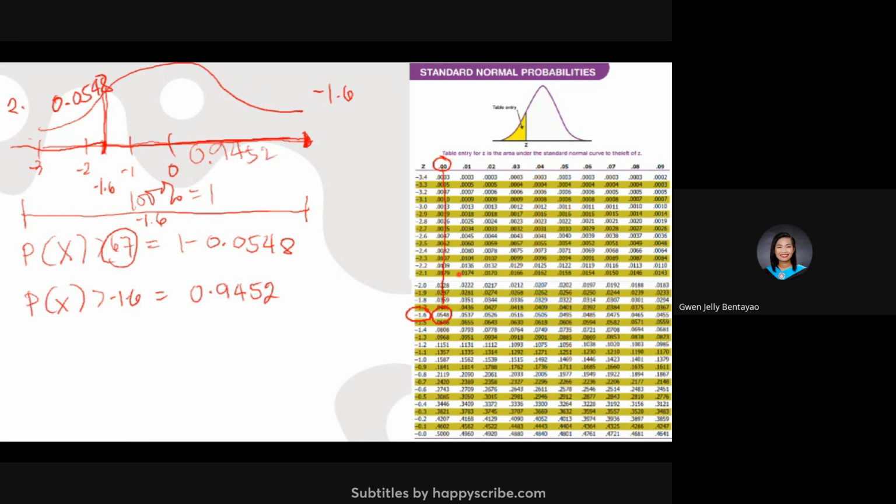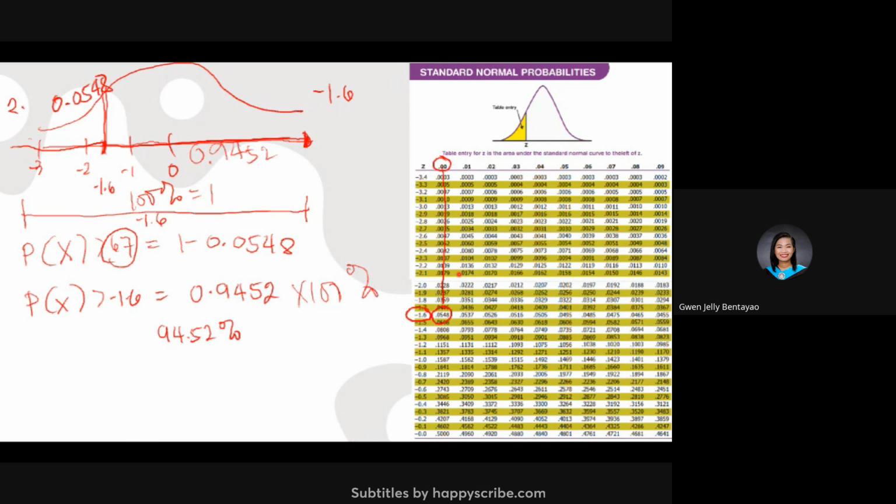And that would also mean that those are the passing percentage. So if you multiply that by 100%, we have 94.52%. So hence in the class, there are 94.52% who scored above Mark's score, which is the score of 67.